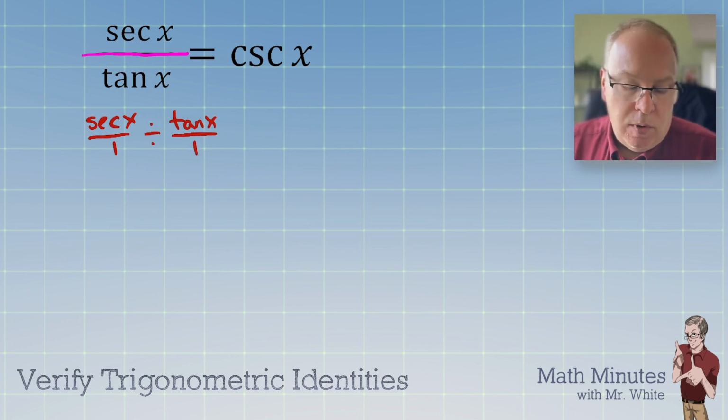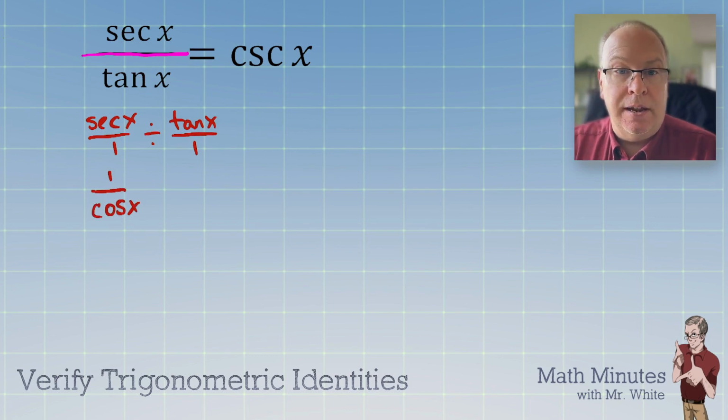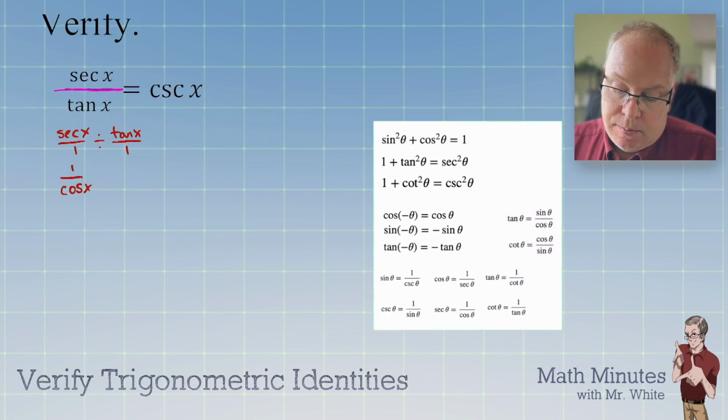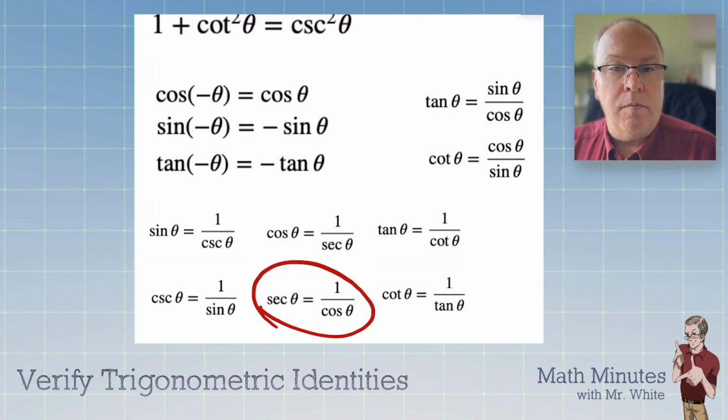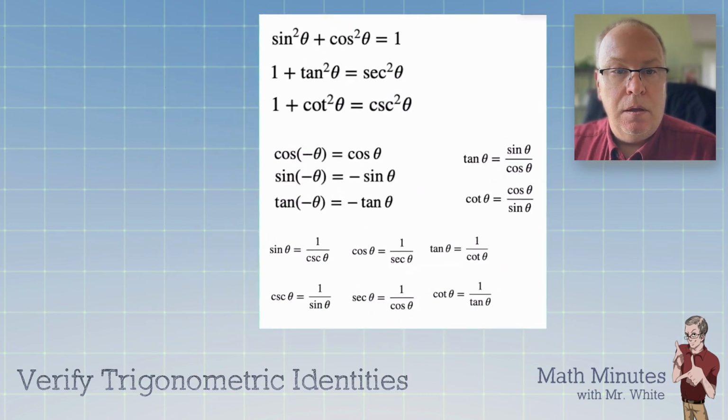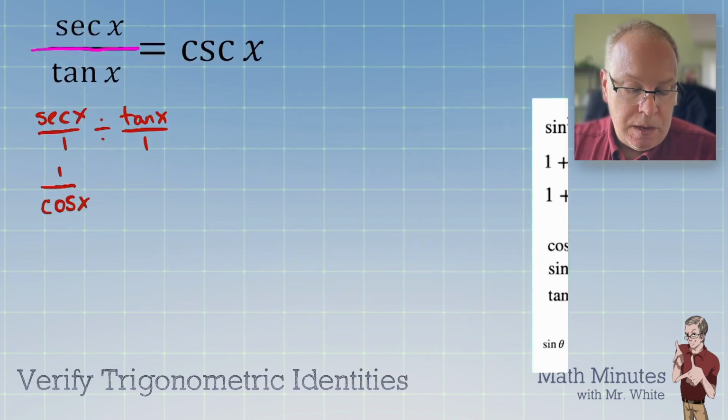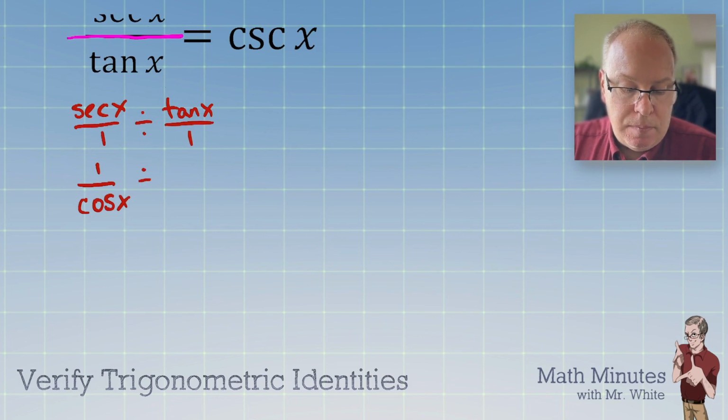Which of course is 1 over cosine, right? Remember that reciprocal identity? Let me zoom out here. Remember that over here? Secant is 1 over cosine. It's right there. All right, so I replaced it in there. And we're dividing that by sine over cosine.